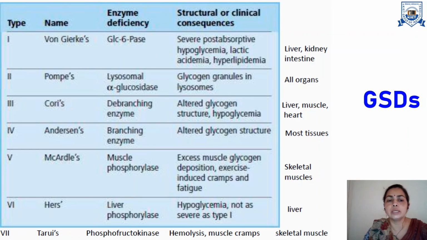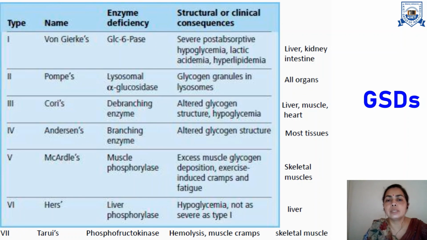Type 4 is Andersen's disease, associated with deficiency of branching enzyme. Type 5 is McArdle's, where muscle phosphorylase is absent. Type 6 is Hers disease, where liver phosphorylase deficiency is encountered. And type 7 is termed Tarui disease, where phosphofructokinase is deficient.